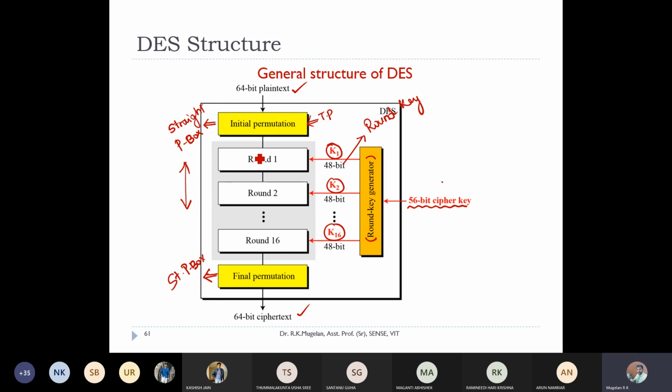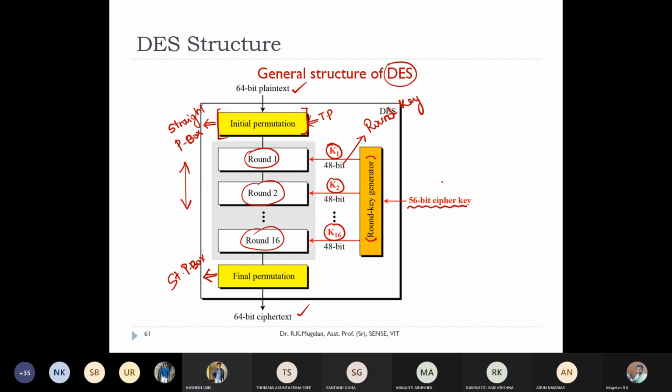But if you enter the Feistel rounds, here your substitution techniques will come into the picture. So it is a combination of transposition and substitution. I'm speaking with respect to this initial permutation box alone, not the overall DES structure. I'm just speaking about this particular P box alone.